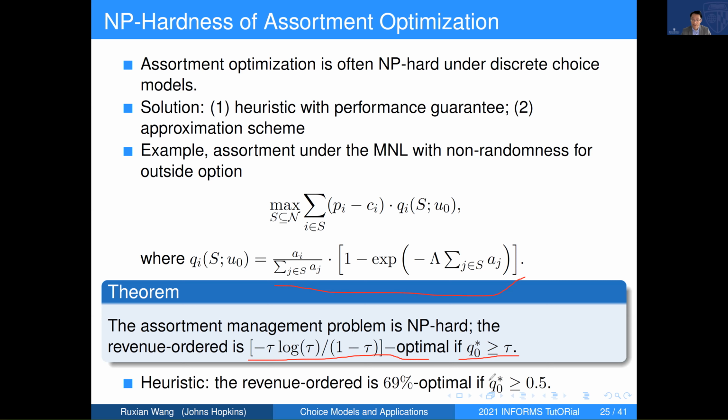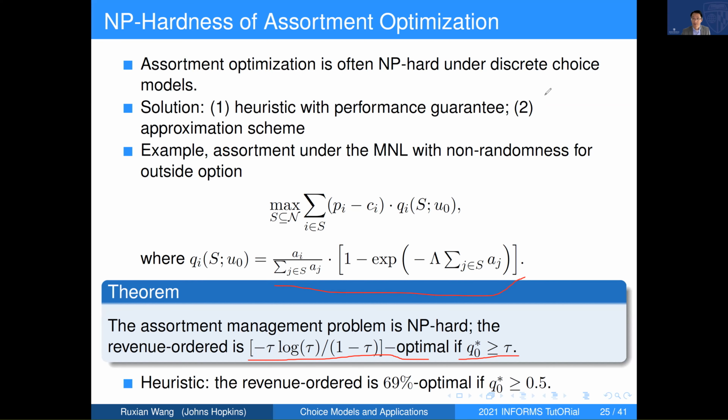For example, if Q0 star is greater than 50%, the revenue-ordered assortment is 69% optimal. Actually, in practice, many consumers choose the no-purchase option. That means it's likely the choice probability for the no-purchase option at optimality is much greater than 50%. And then we can find the optimality level is much better for the revenue-ordered assortment.